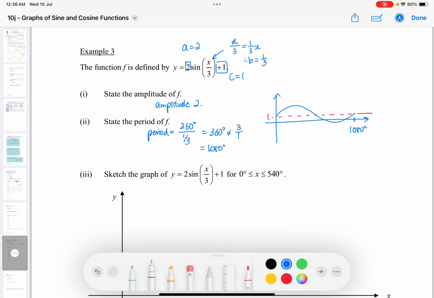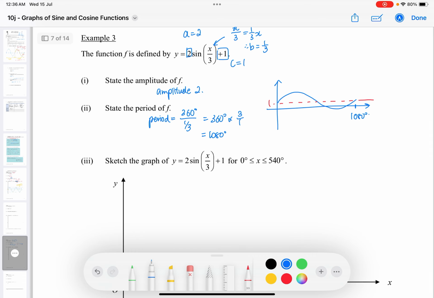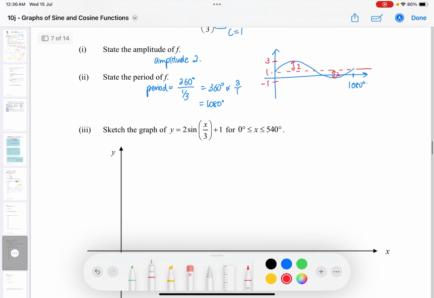Now we can start. If the amplitude is 2, it means that the height here is 2. And if the axis of the curve is at 1, the maximum value will be at 3. And the minimum value is at 1 minus 2, that will be negative 1.